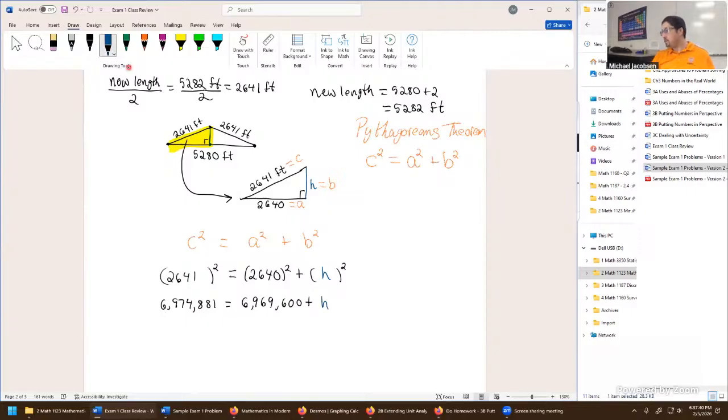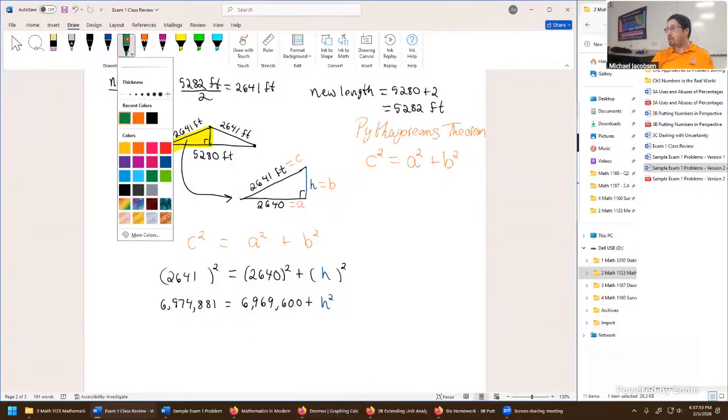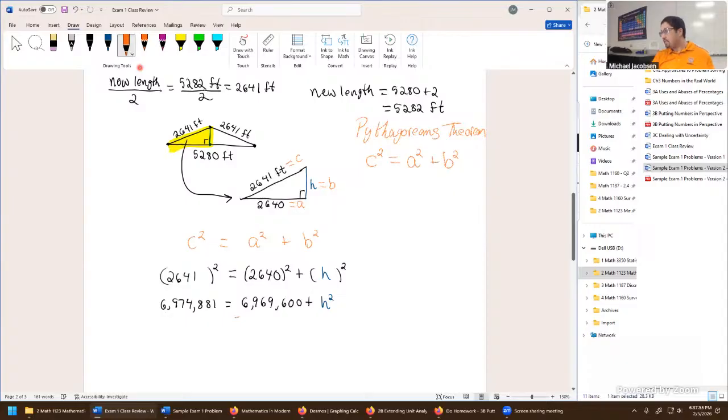Plus that h squared. At this stage, we're just equation solving, trying to isolate the h variable. So we're going to subtract this quantity here from this side. Let's write it out just for the sake of visualizing it on the notes. Minus 6,969,600. Same operation here.